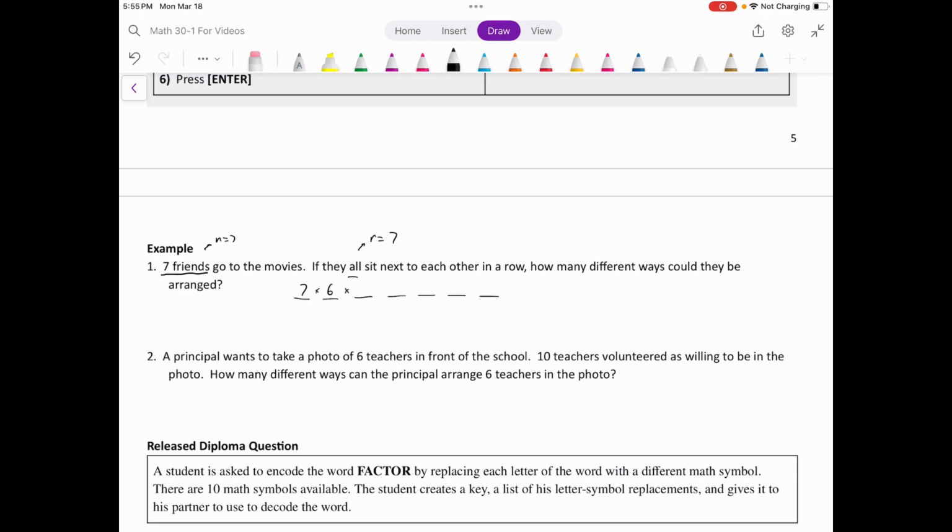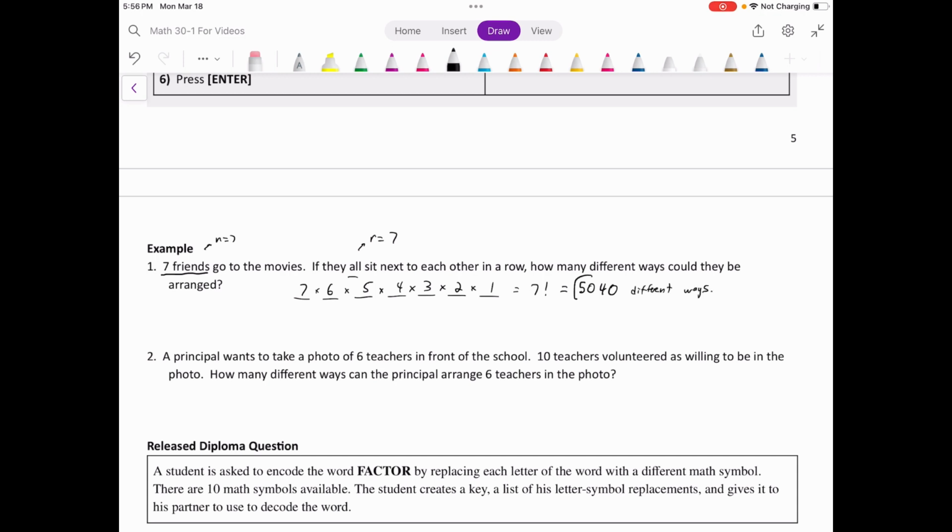For each of those, there's 5 people left to put in the 3rd spot, then 4 people left for each of those. For each of those, there's 3 people left, then 2, then 1, right? So by the fundamental counting principle, it's just 7 factorial, right? And 7 factorial gives us 5,040 different arrangements.